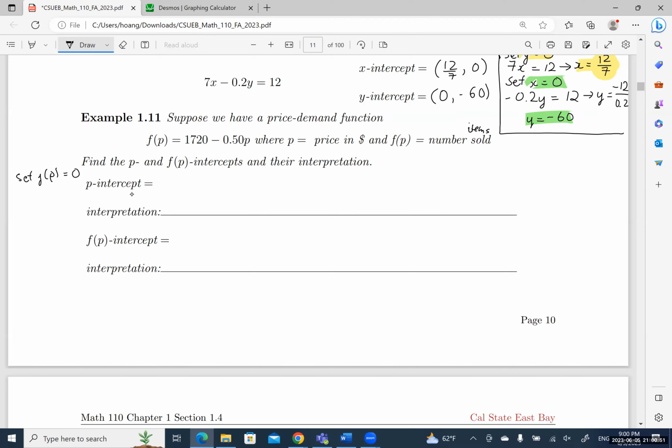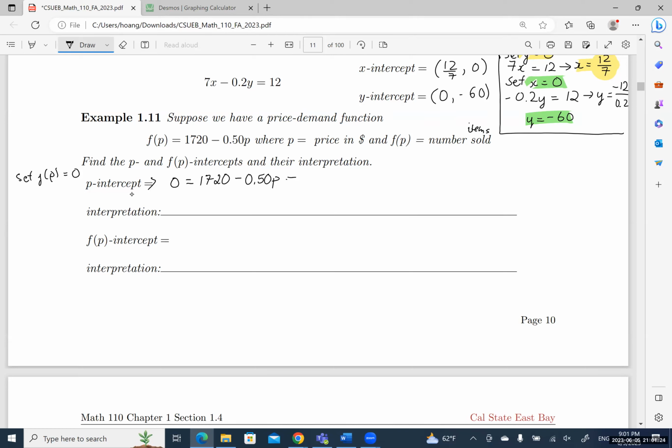Okay, so I'm gonna use this. You will have 0 equal to 1720 minus 0.50p, right? And then you will have to move the 1720 to the other hand side.